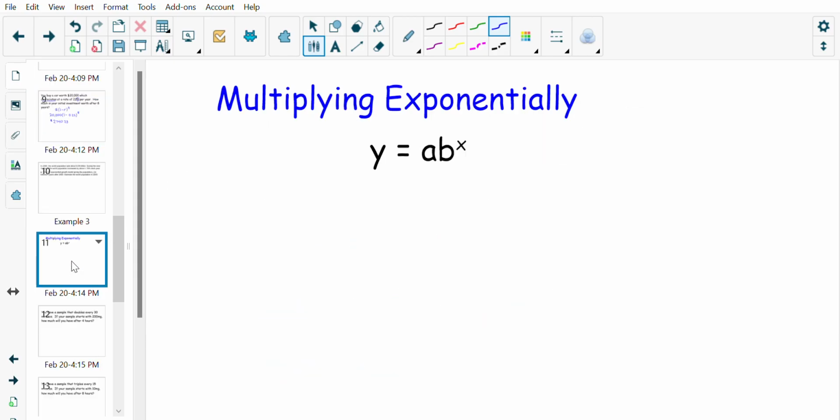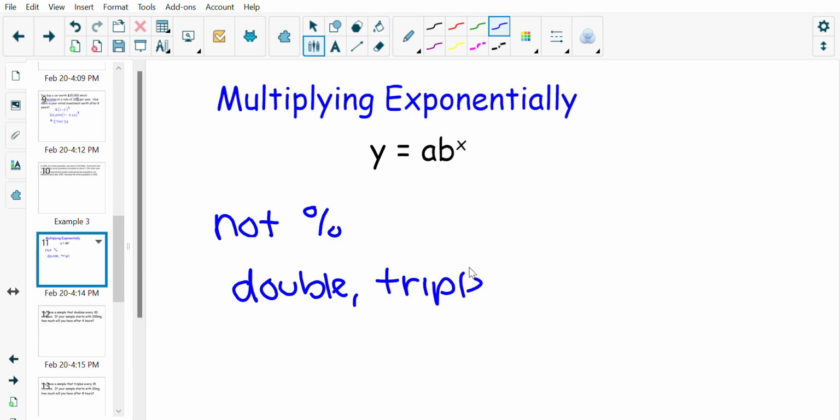Okay, so now when we look at this equation, this is when we're multiplying exponentially. So this is when we do not see a percent, but instead we see the words double or triple or something to that effect, like something is happening to whatever we're starting with. So our doubling and our tripling is our b value, and then our a is what we start with again.